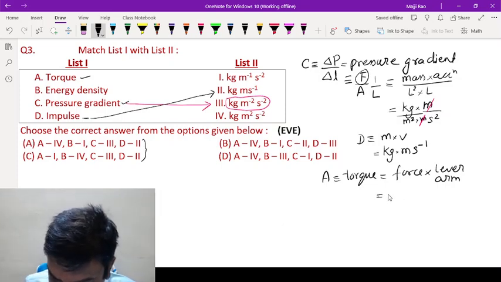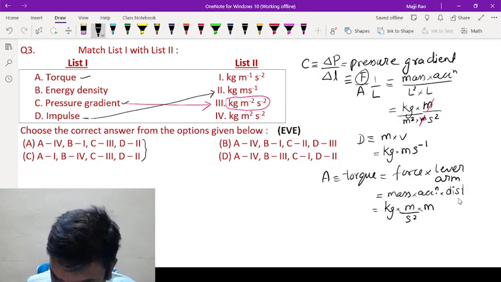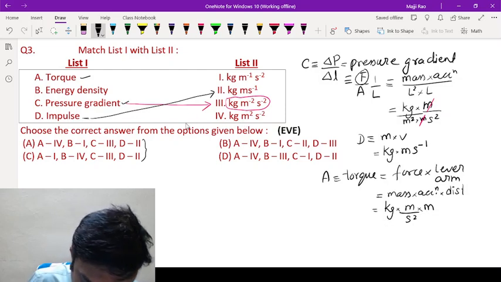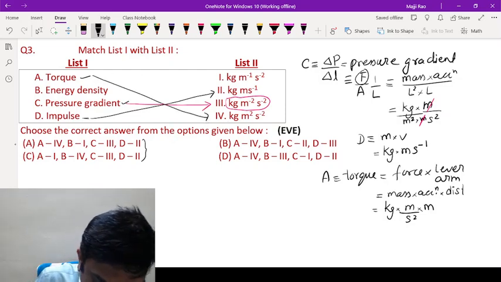So force will be mass into acceleration, and lever arm is a kind of distance. So mass is expressed in kg, acceleration in meter per second square, and again meter. So kg meter square per second square, this is the fourth. So A should be mapped with fourth. So overall, I guess A is the correct option.